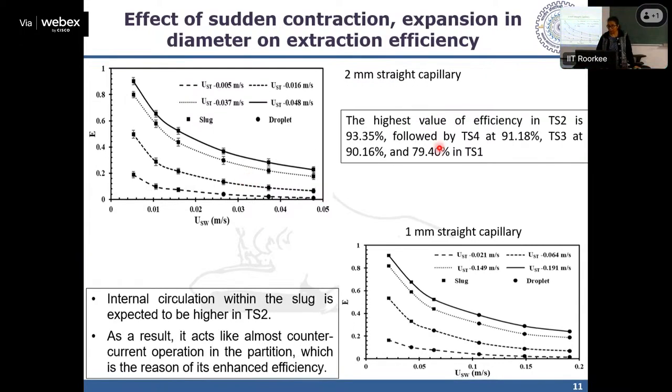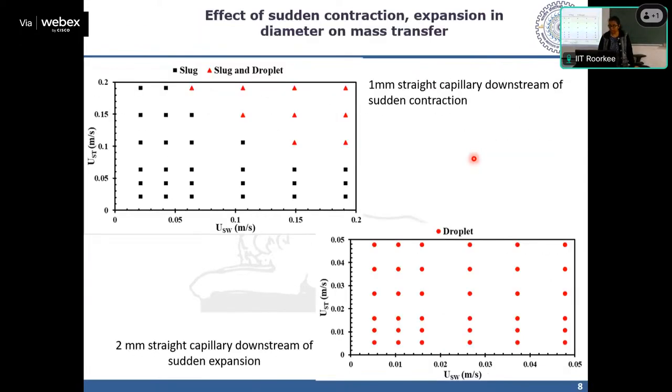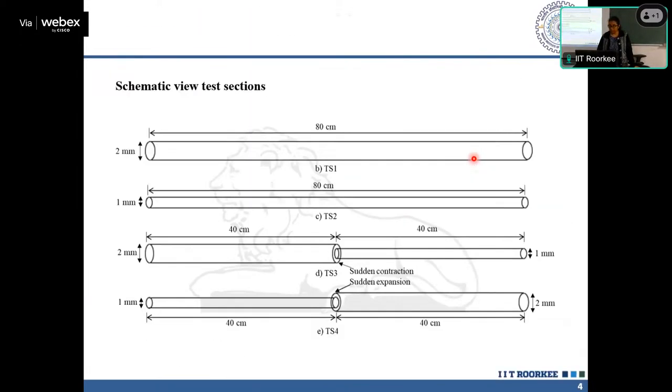So what we have observed is that the highest value of efficiency is noted for 1 mm. TS2 is 1 mm channel, straight 1 mm channel, followed by TS4, TS3 and TS1. So TS1 is 2 mm straight geometry. What is TS4 and TS3? Let us see from the test section.